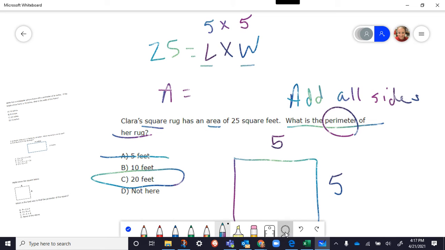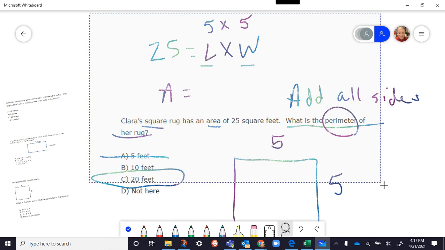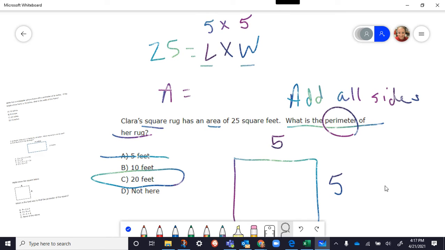All right, let me grab all this. We're going to take all of this out.